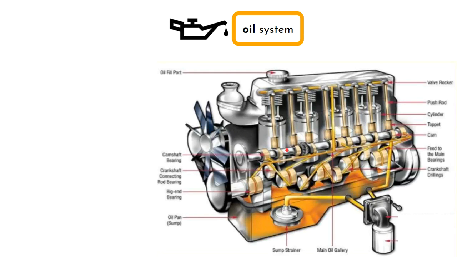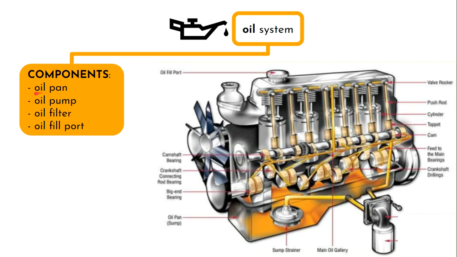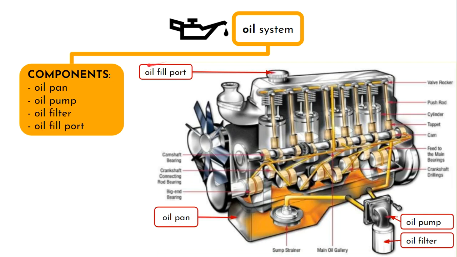Okay, the oil system now. Now, the oil system has got some important components which you need to remember. First of all, the oil pan, the oil pump, the oil filter, and the oil fill port. Now, this is the oil fill port. It's where you basically put in the oil, okay?